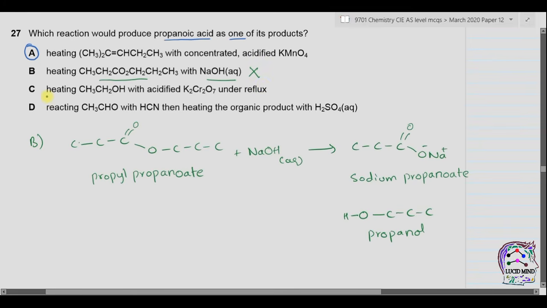Now let's see part C. It says heating ethanol with acidified potassium dichromate under reflux. As this is ethanol, it will be oxidized to aldehyde.